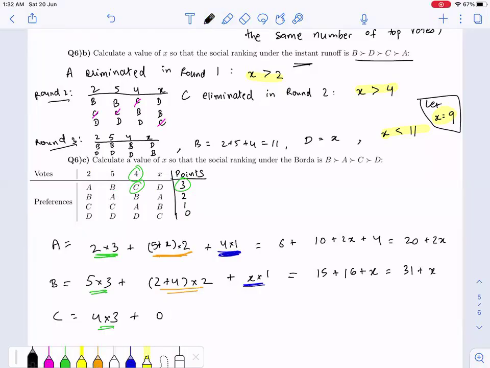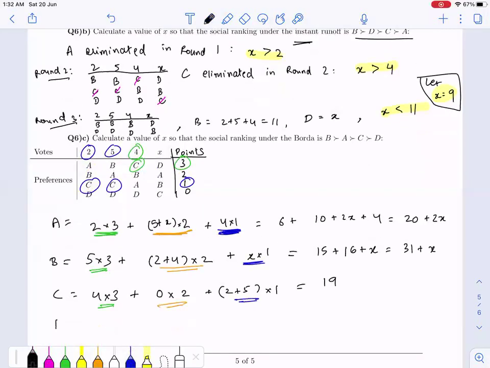So 0 times 2. And then 2 plus 5 voters voted C as their third choice. So 2 plus 5 times 1. This is 12 plus 7, which is 19 points for C.